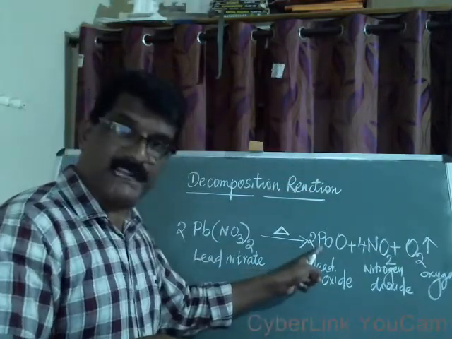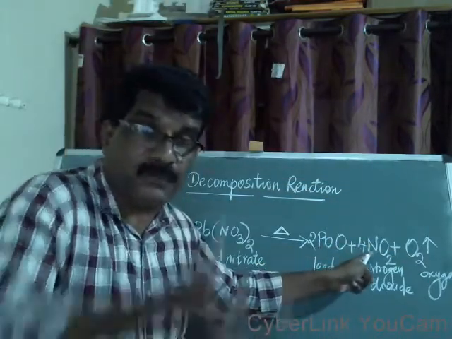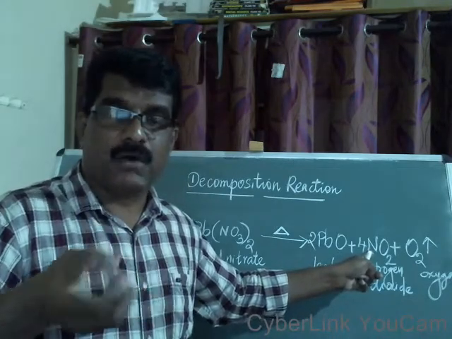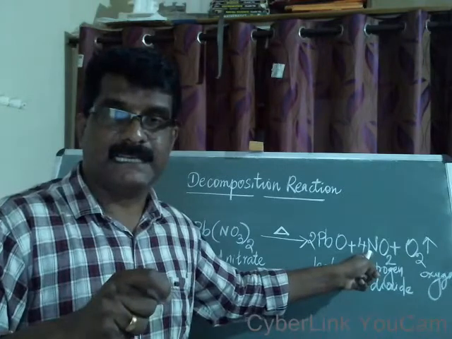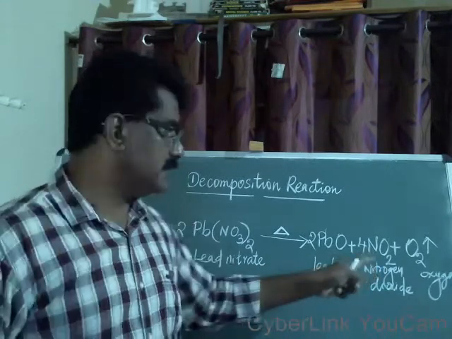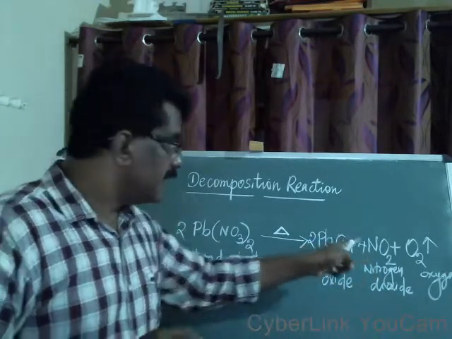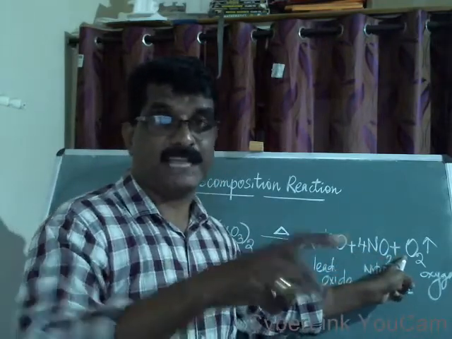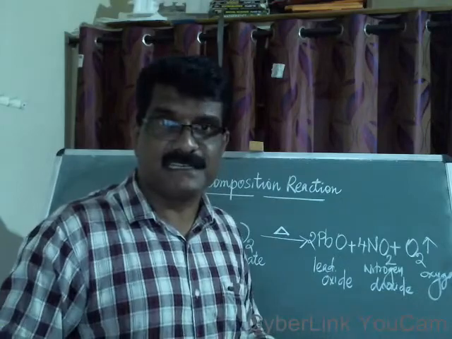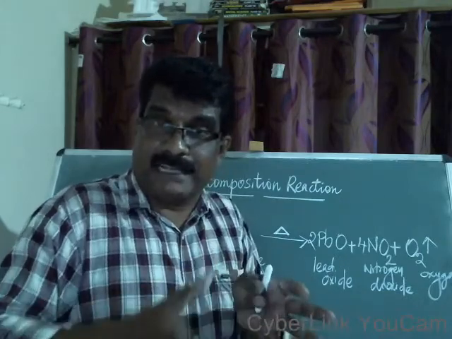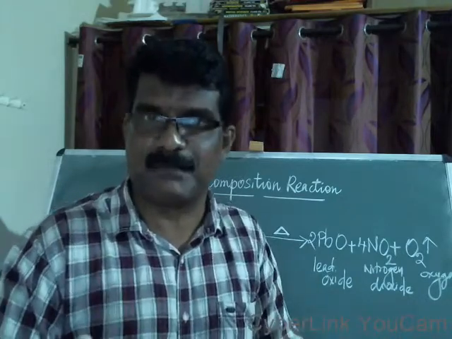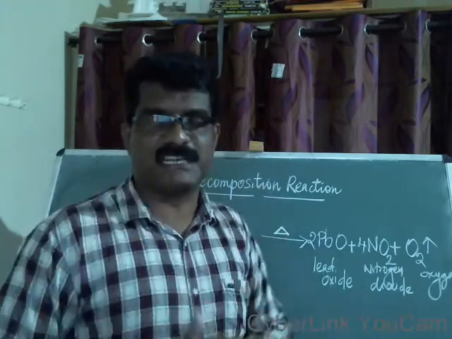So lead oxide, nitrogen dioxide, the brown fumes coming out on heating of lead nitrate, and oxygen are released. A single substance, when heated, produces 3 products. So this reaction is another example of a decomposition reaction.